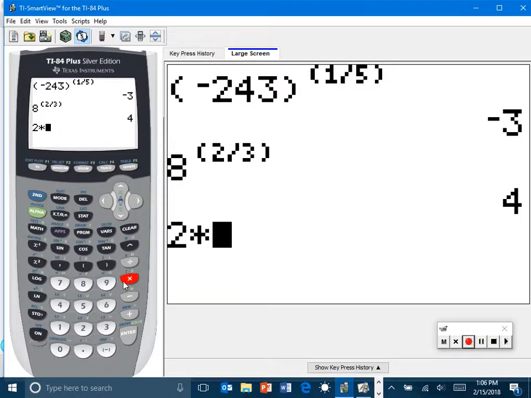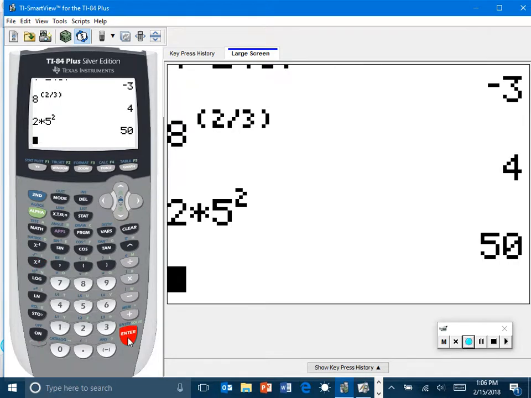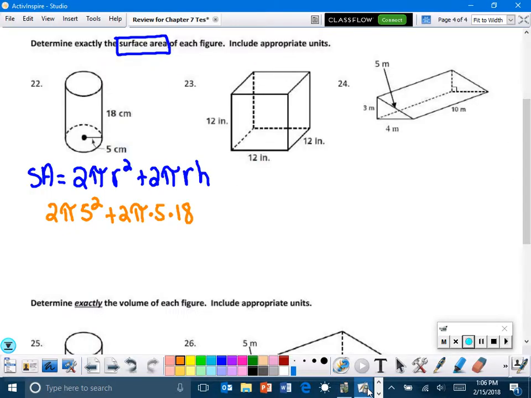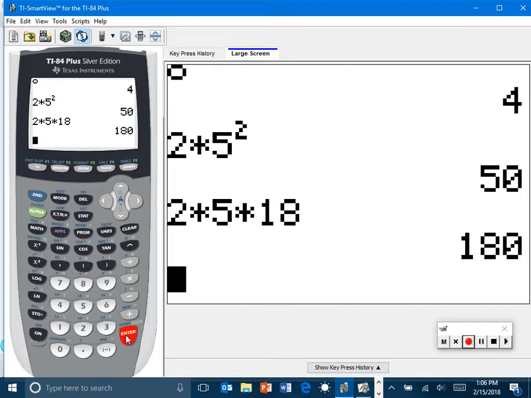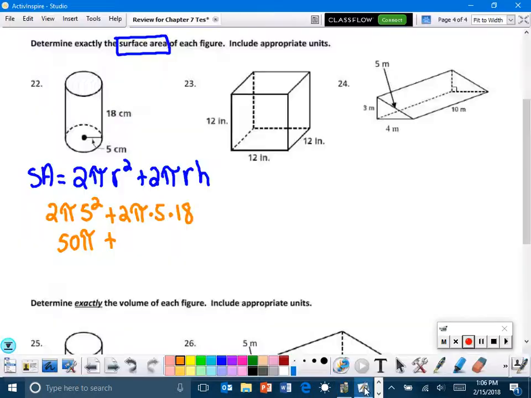So that becomes 50. So this is now 50 pi. I do not want to change pi to 3.14. Leave pi alone. Plus, now I'm going to take 2 times 5 times 18. So that's 180. So 180 and then the pi symbol.